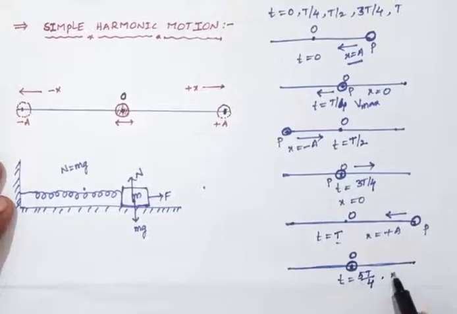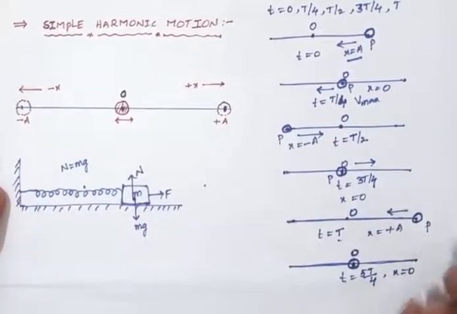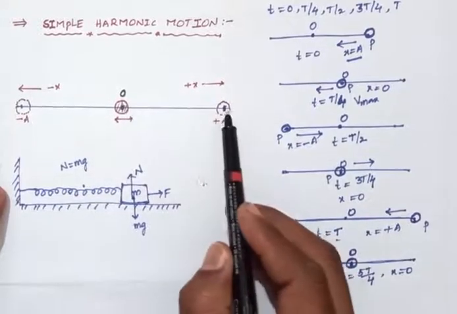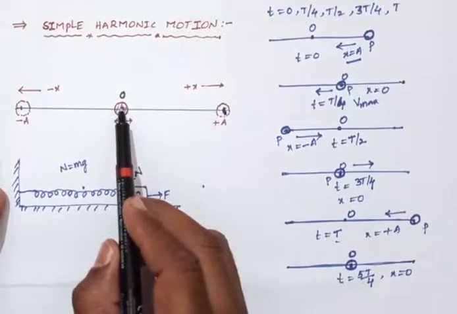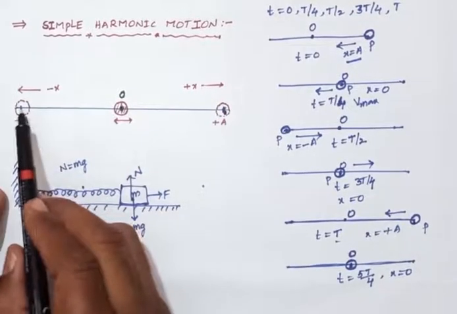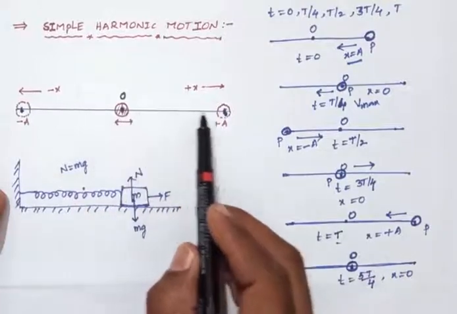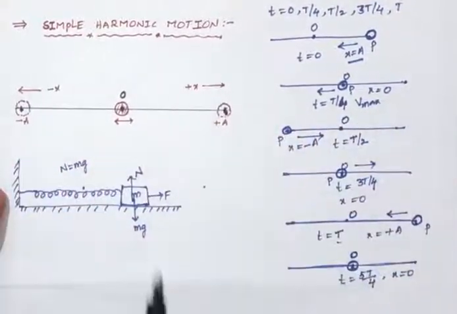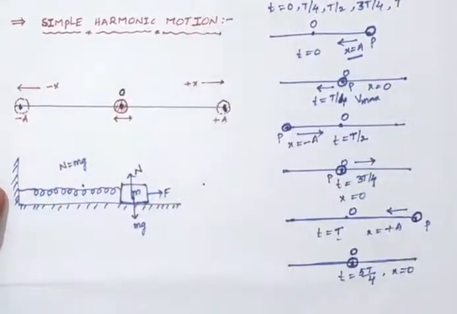The displacement is 0. Like this, the particle moves continuously along the x direction, to the right side, then to the left side, then again to the right side, moving to and fro continuously. This type of motion is called simple harmonic motion.